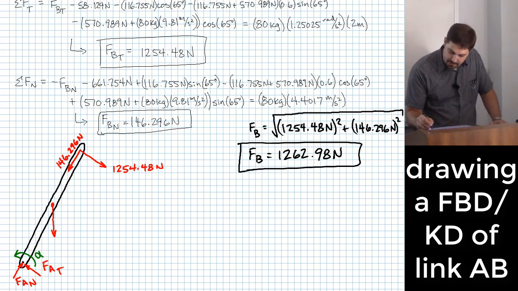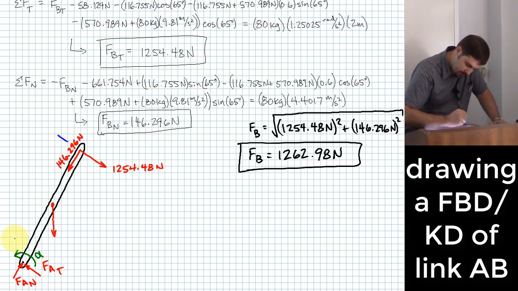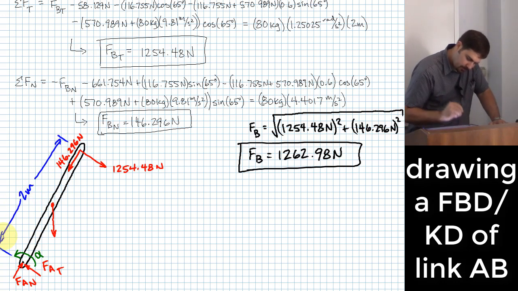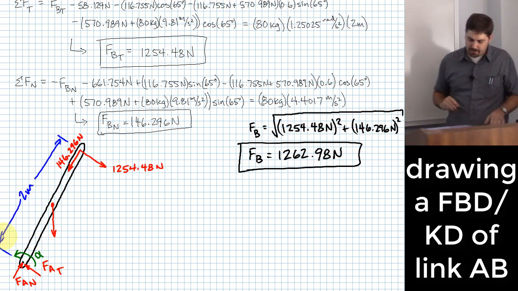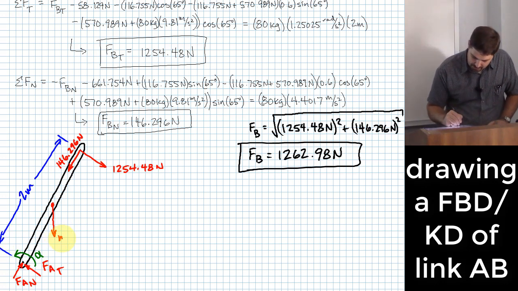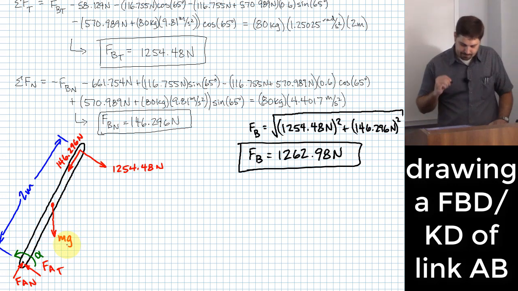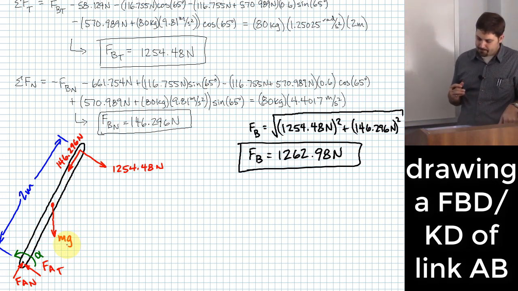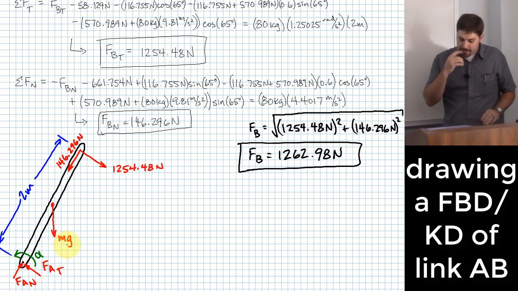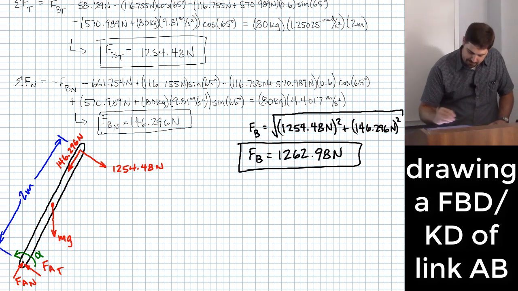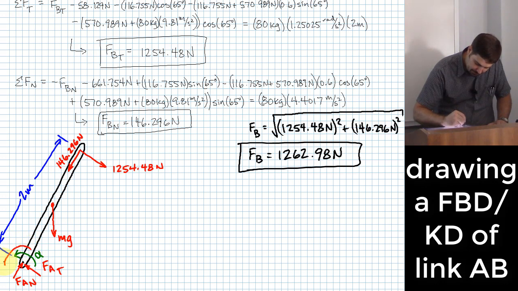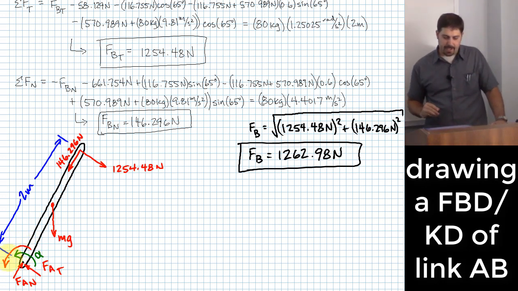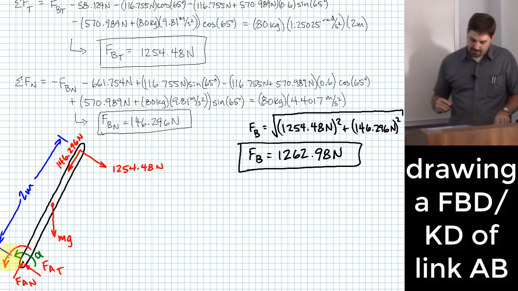I know that it's 2 meters out to here. I know that this is going to be the mass of 20 kilograms times gravity. Okay. And the other thing that I know here is that I have a torque that's going to be applied around point A.